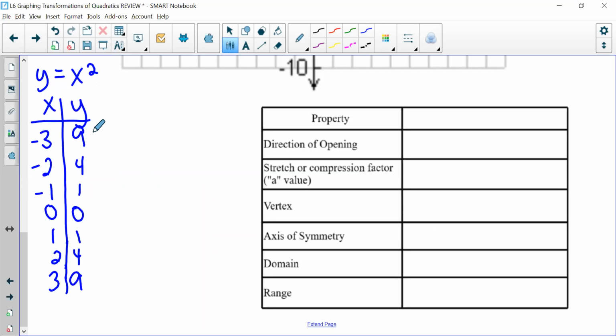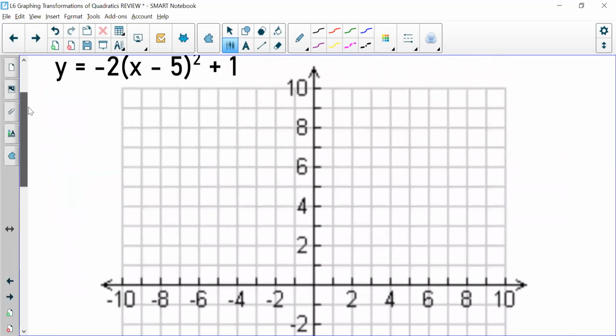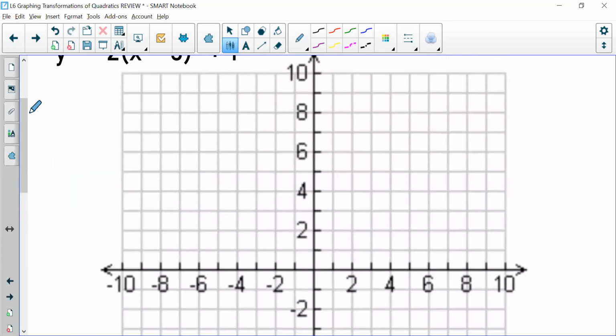So -3 squared is 9, -2 squared is 4, -1 squared is 1, 0 squared is 0, 1 squared is 1, 2 squared is 4, 3 squared is 9. I'm going to graph that first. It gives us just something to look at as far as when we stretch and or compress this next graph, we can compare it to this shape.